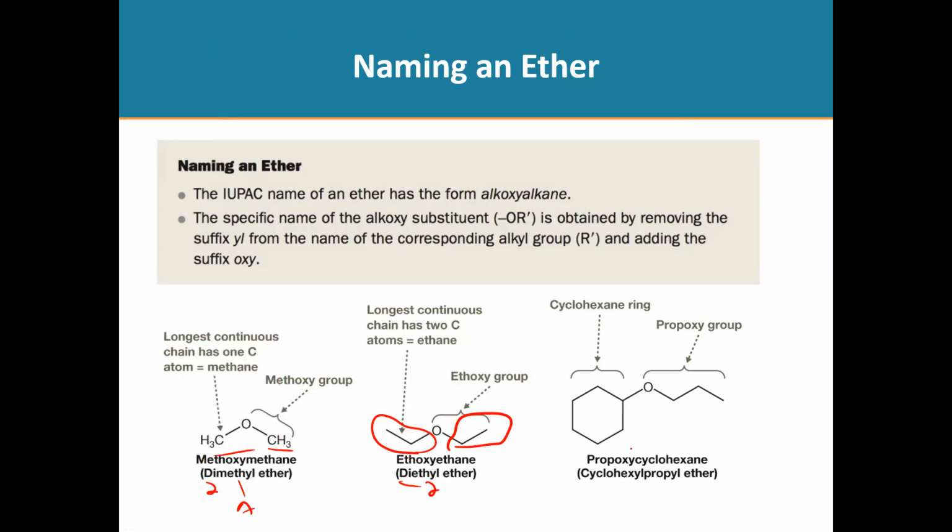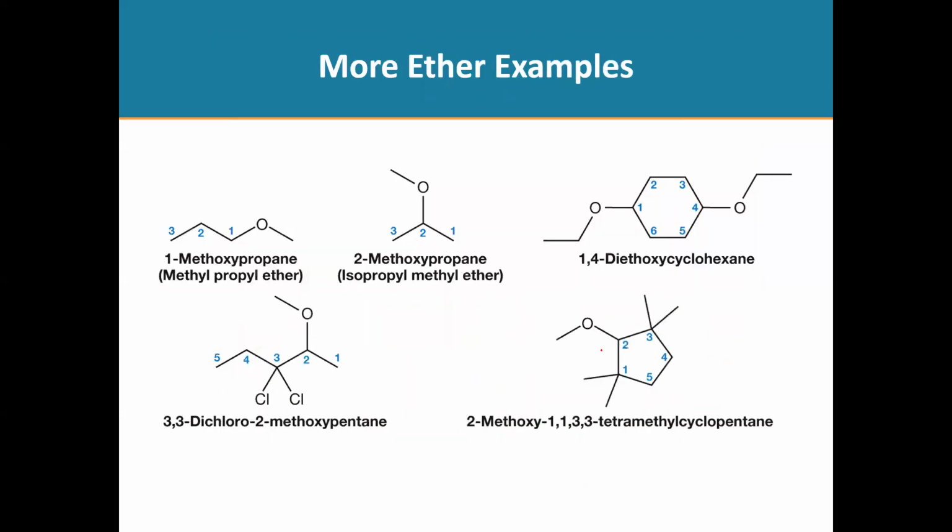Oh, and propoxy cyclohexane. So here's your propoxy group. Here's some other examples. Methylpropyl ether. Here's your methyl group. Here's your propyl group right here, and it's an ether because ROR.